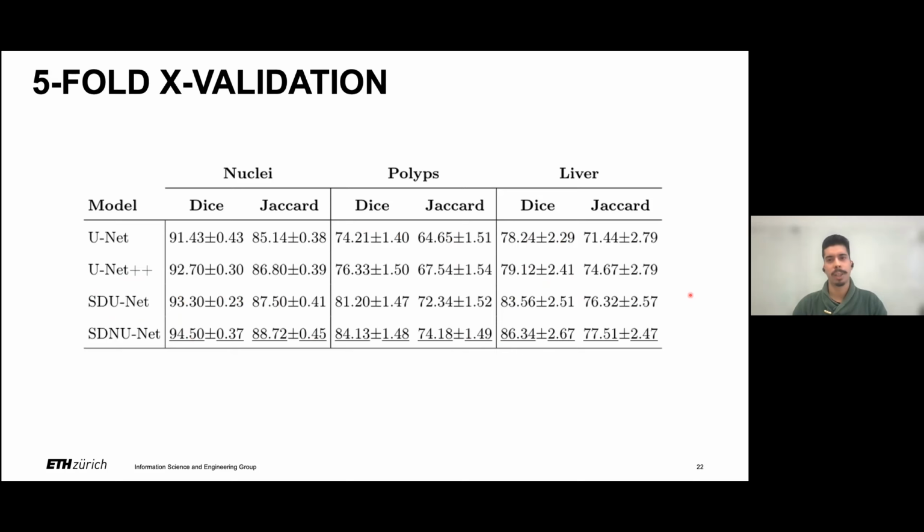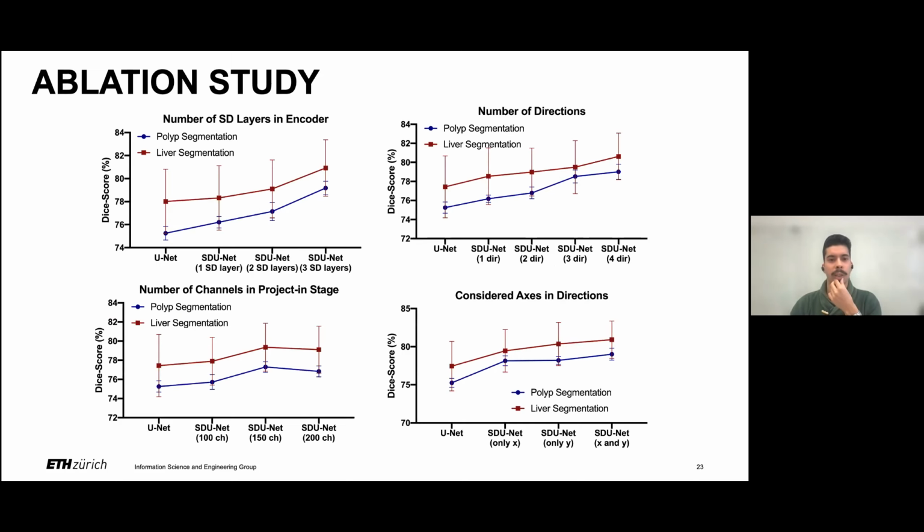So we also looked at what the main contributions to these results are. We first looked at the number of spatial dependency layers, just in the encoder. As we increase the number of layers in the encoder, we see an upward trend in performance.